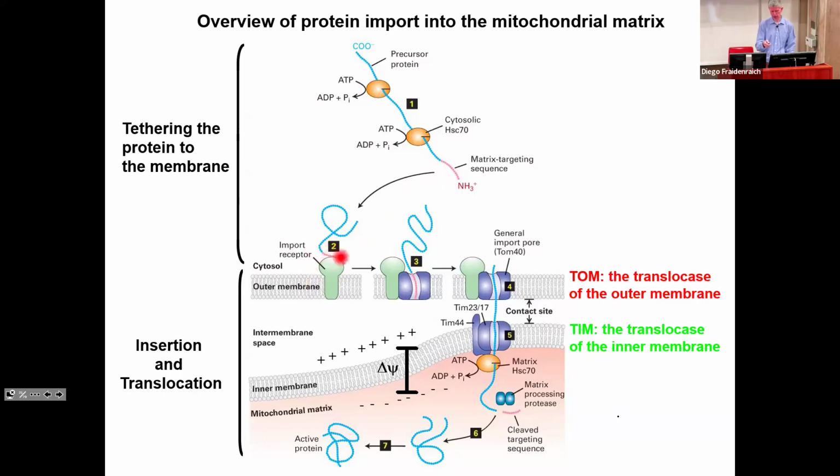The receptor recognizes specifically this mitochondrial targeting signal I was just talking about. In the next step, you will see an insertion of the targeting signal into these translocation channels. And then it will be followed by dragging or pulling the proteins through the outer translocation channel and the inner translocation channel.